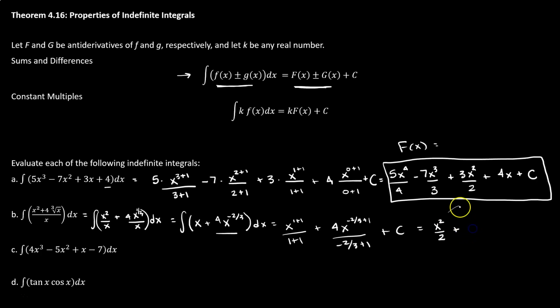Sorry, I forgot my 4. Whoopsies, dropped my pen. 4x to the positive 1/3 divided by 1/3. We don't like fractions inside of fractions, so instead of dividing by 1/3, I'm going to flip that and multiply so that my final answer is going to look like x squared over 2 plus 3 times 4, or 12, x to the 1/3 plus c.